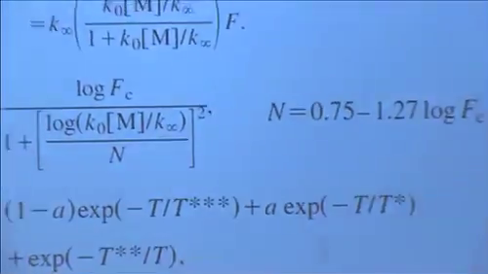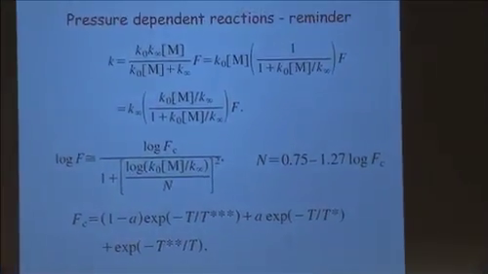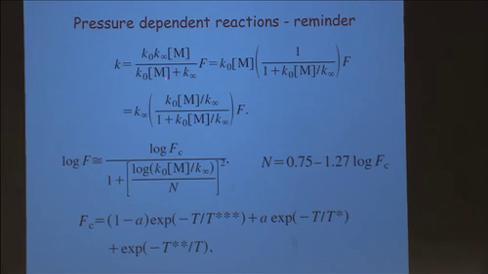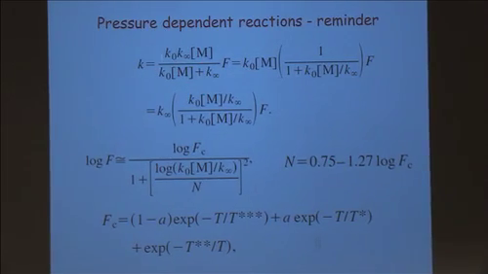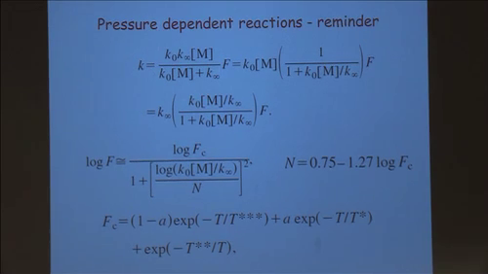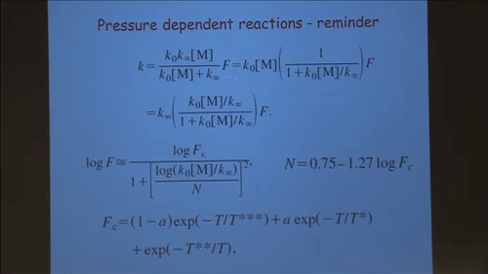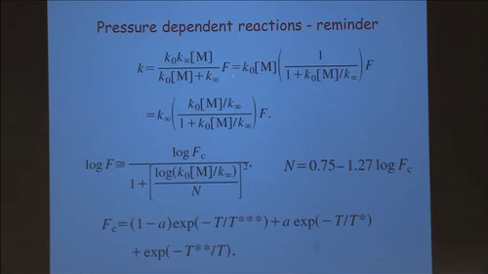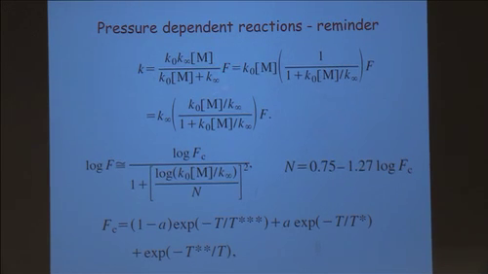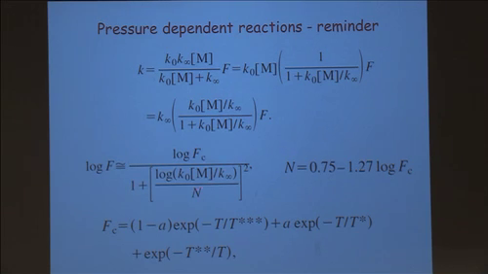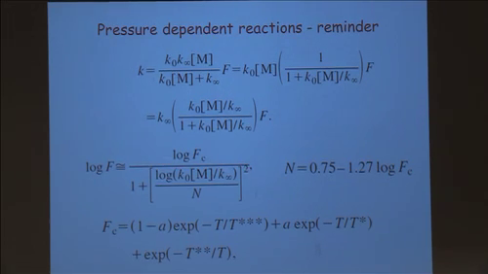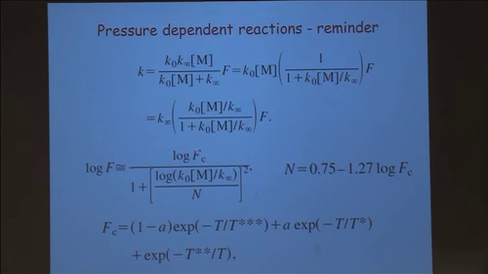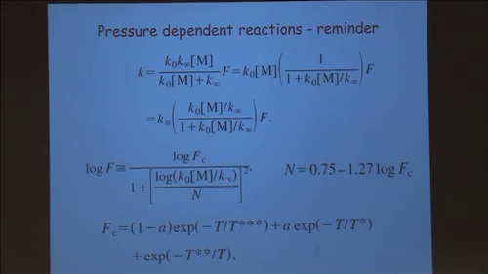So that was triplet CH2 plus CH3. Here's pressure-dependent reactions, a reminder of what we talked about a couple of days ago: if you take the simple Lindemann expression, it's not really very valid, and the curve needs to be modified by this parameter f, which depends upon another parameter fc, on k0 and k infinity.